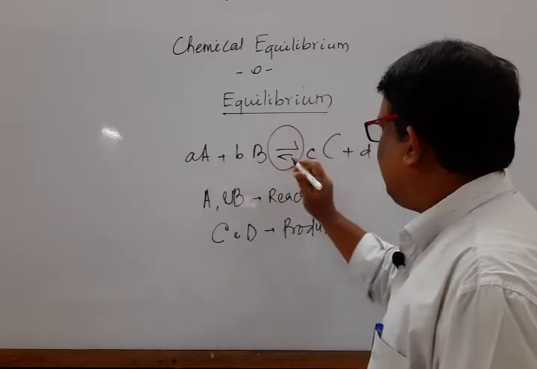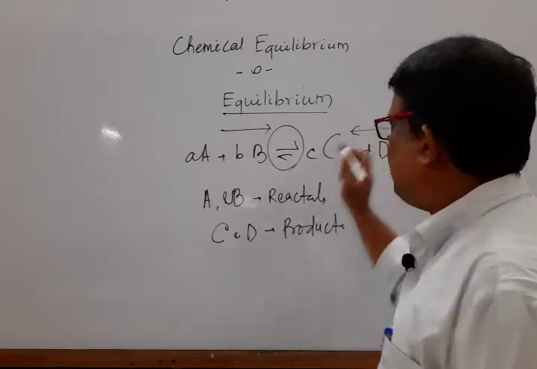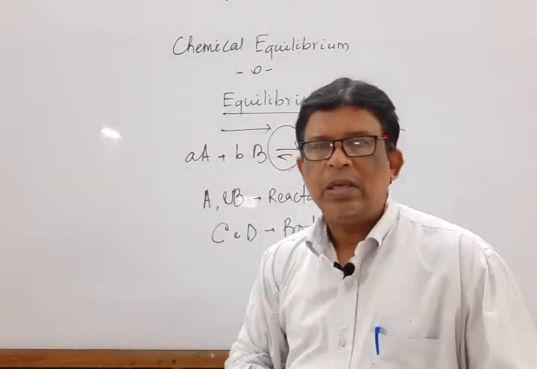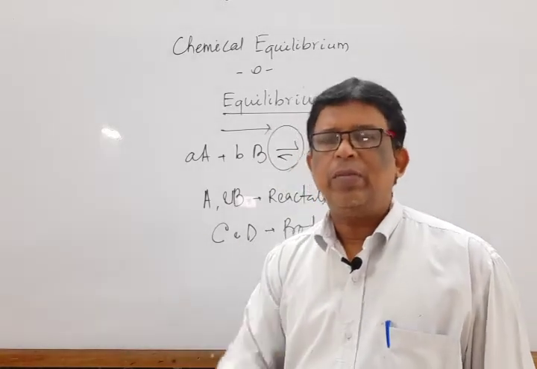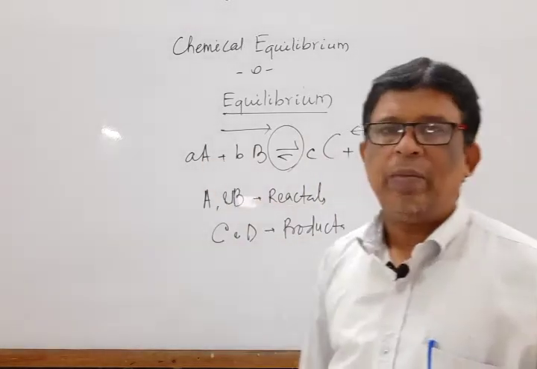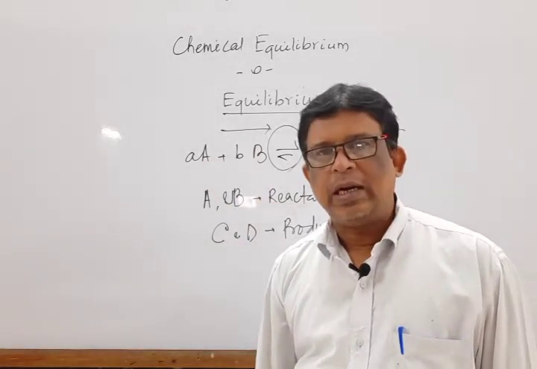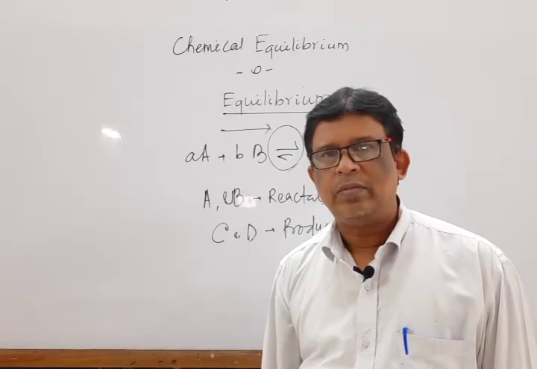And this equilibrium sign indicates that the reaction proceeds in both directions. That means the reactants react together to form the product. At the same time, the product also reacts or decomposes to return back to its original reactant. Then it is known as a reversible reaction.